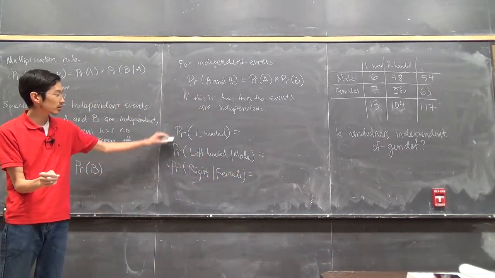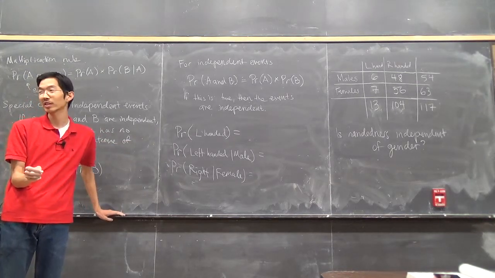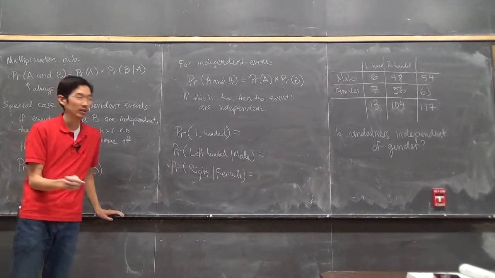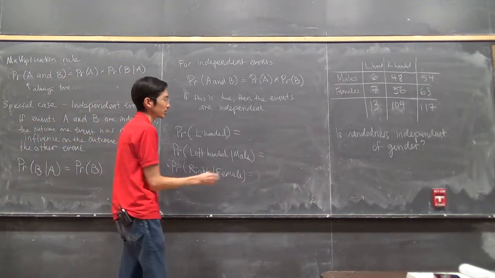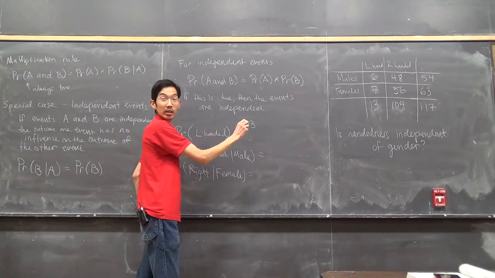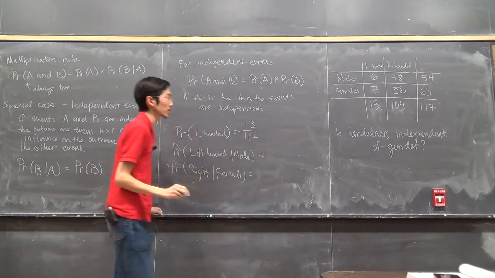All right. So what is the probability that someone is left-handed? What's the fraction that I would use there? 13 over what? 117. Okay.